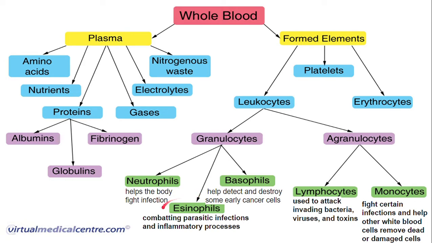Now, eosinophils help in fighting parasitic infections and inflammatory processes. What do I mean by inflammatory processes? Inflammatory processes basically mean when we have allergic responses to our environment. Now, basophils help detect and destroy some early cancer cells.